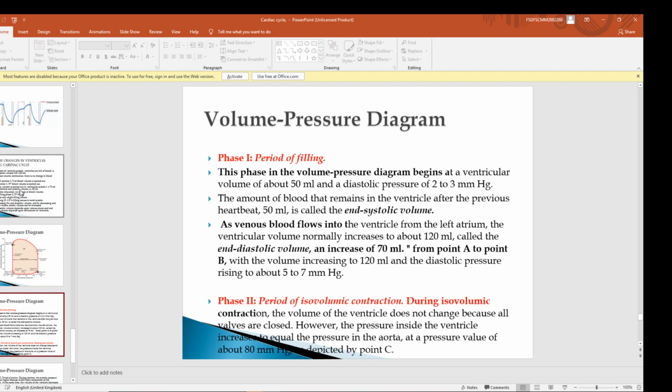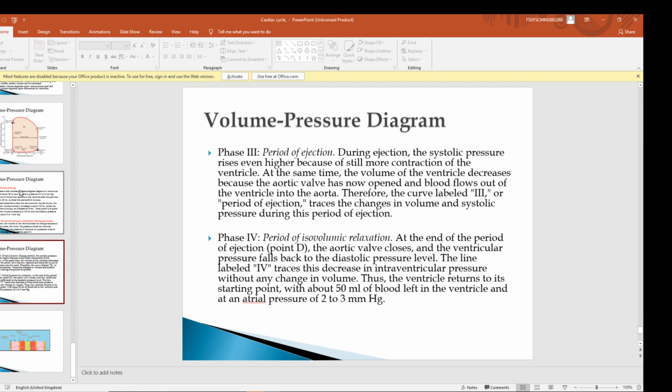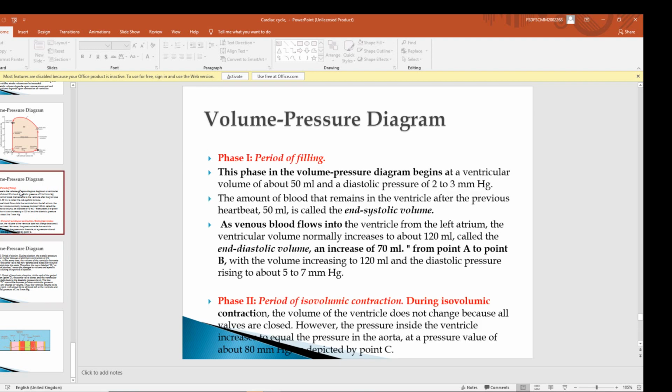It has the period of filling, period of isovolumic contraction, period of ejection, and period of isovolumic relaxation. So we are going to discuss them one by one.